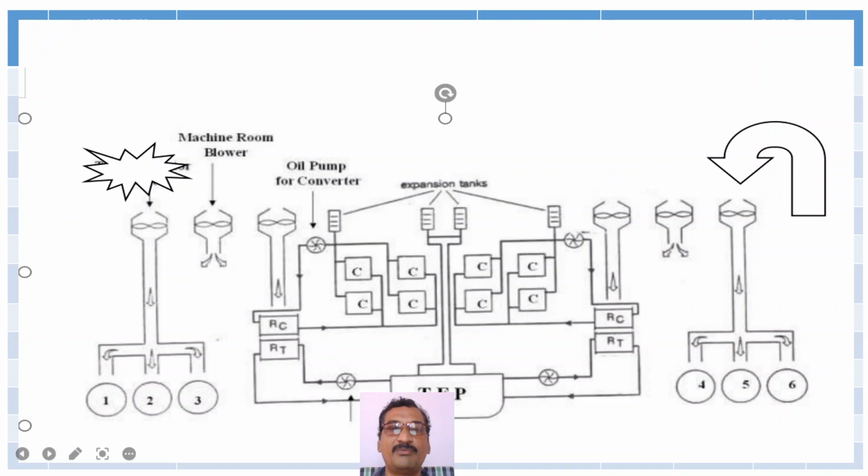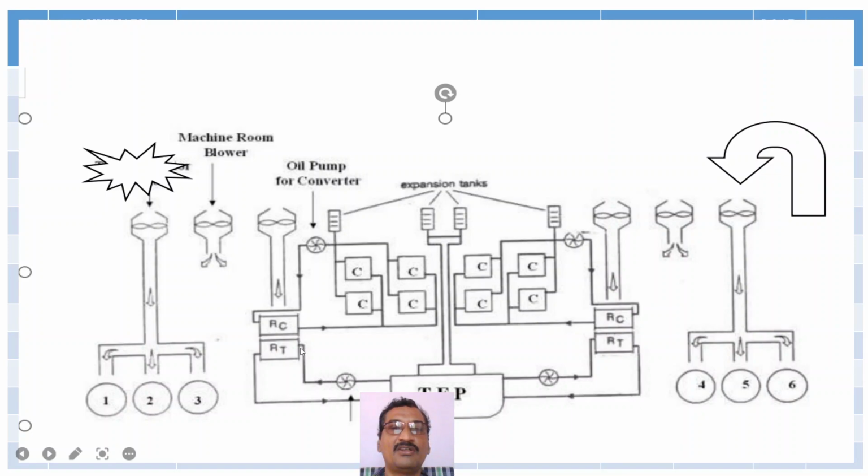See, the transformer is located under the frame, and the oil is heated because of the current flowing in the coils as well as in the core; the losses create some heat, and that heat raises the temperature of this oil. The oil is forcibly circulated by the transformer oil pump, then sent to the radiator of the transformer oil, and after cooling, it will enter here.